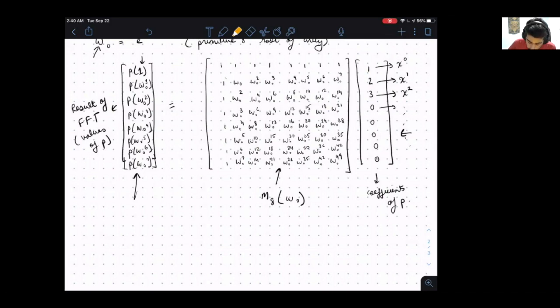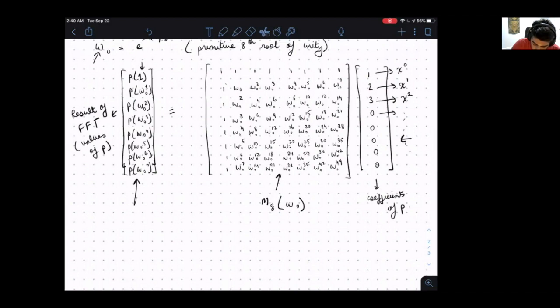Okay, so now we know what our problem is, and I'm going to point out one quick thing before I jump into how FFT breaks down this problem recursively to actually do this evaluation.